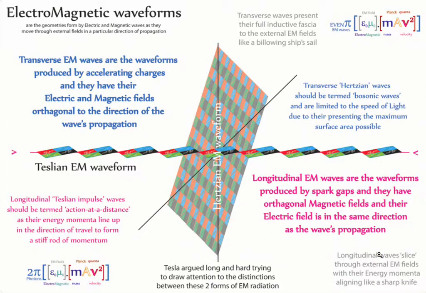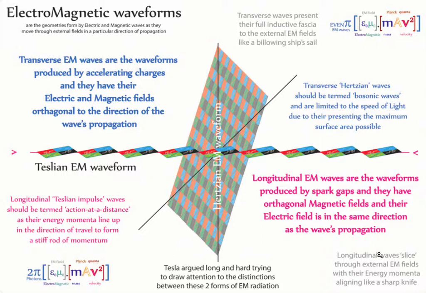There exist two ways of propagating waves, and this is highly misunderstood within electrodynamics. Maxwell formulated for transverse waveforms where the E and M fields were orthogonal to each other. The E field pointed one way, the M field was the opposite, 90 degrees out of phase if you like, and these two fields moved with the energy momenta transverse to their direction of propagation.